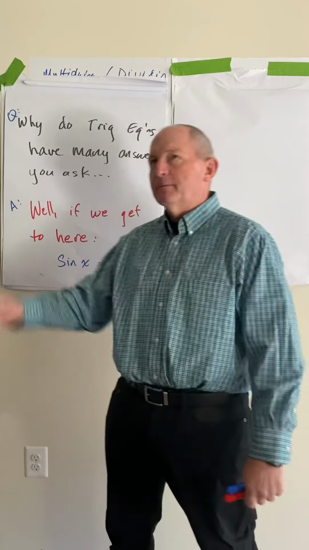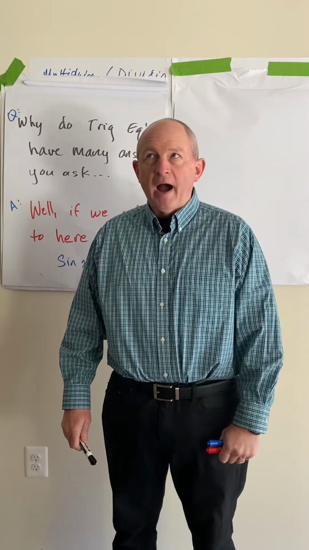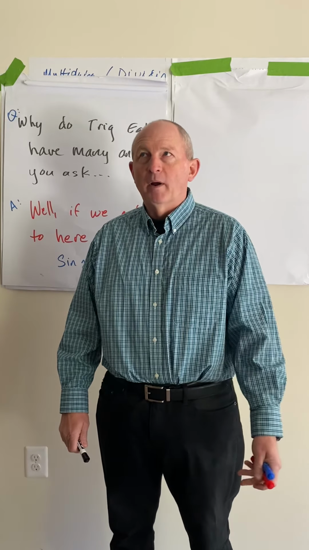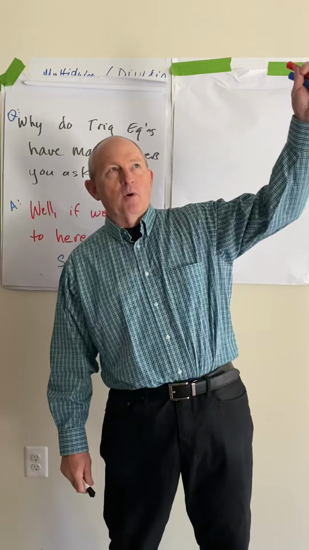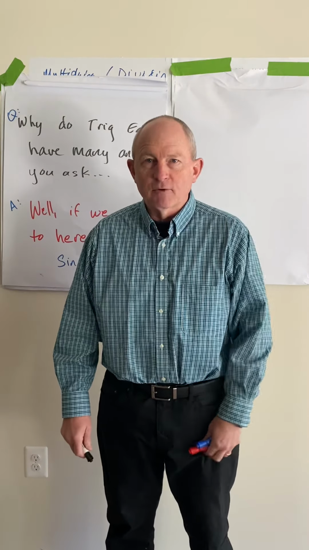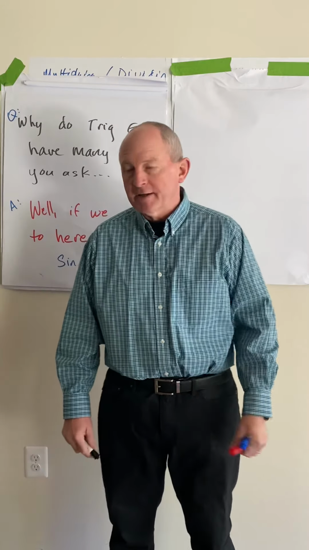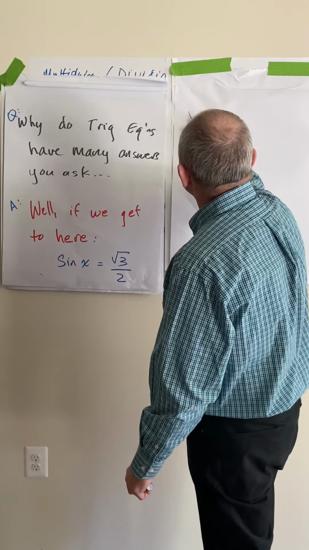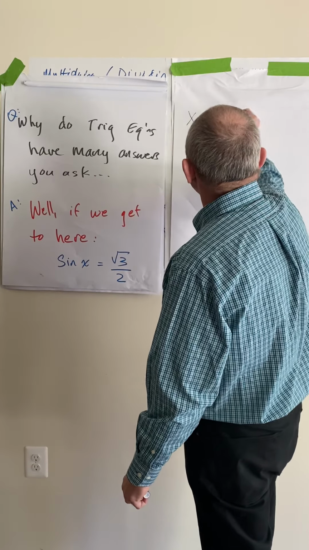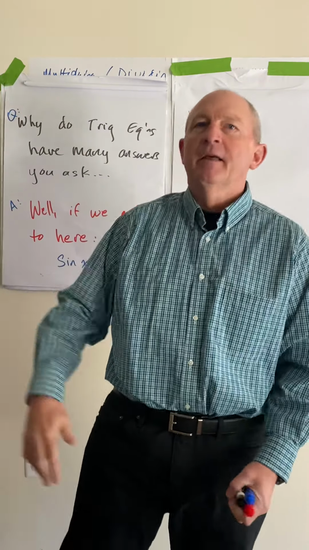Sine goes with y. Root 3 over 2 is the big one compared to 1/2, so it's going to be the higher one. And we're going to talk in radians, okay? And the higher one is pi over 3. So x would be equal to pi over 3.